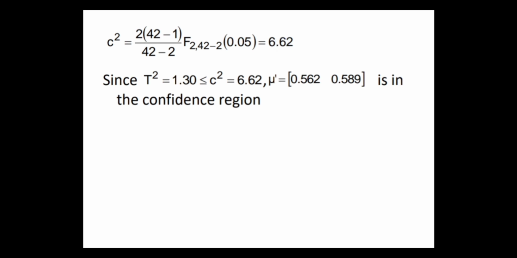So the value of T square is 1.3 and the value of c square is 6.62. So T square is less than the value of c square, which means that we can say that the mean vector, which is 0.562 and 0.589, is in the confidence region of ellipsoid.